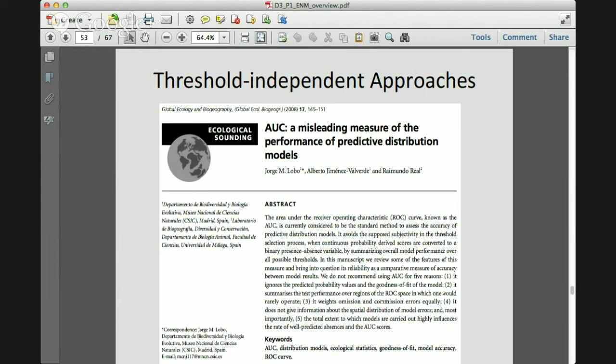So this isn't a single bullseye, but rather better in the middle and worse outside the middle and worse farther out. Now the problem is that the most common threshold-independent approach is this AUC measure, and as this paper lays out, there are a lot of major problems with using AUC as a measure of model performance.